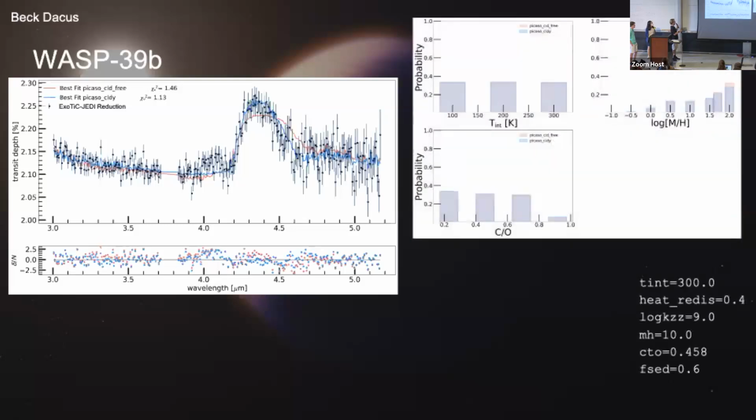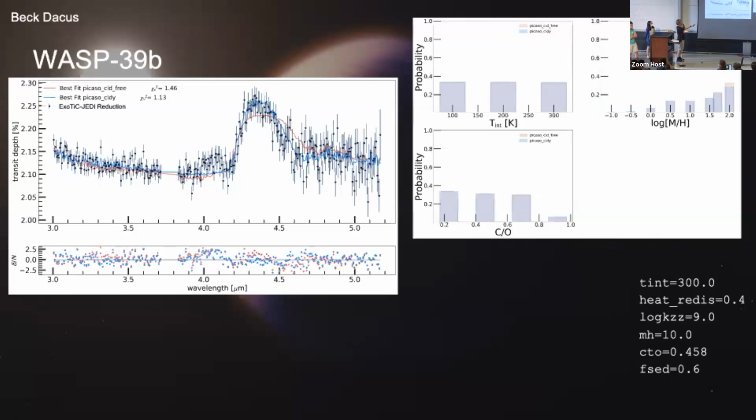And if we go on a little more, we can see the posterior distributions for 3 of the variables that we fit, a small subset of them. We can see that there are some variables that this data is pretty agnostic to, such as the internal temperature, which in a way makes sense considering that this is a hot Jupiter. So its radiative properties are going to be more or less entirely determined by the radiation coming from the star and incident on it.